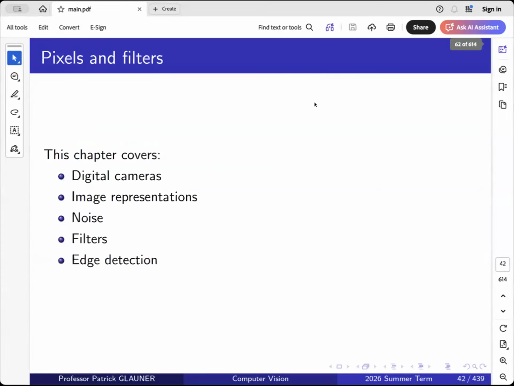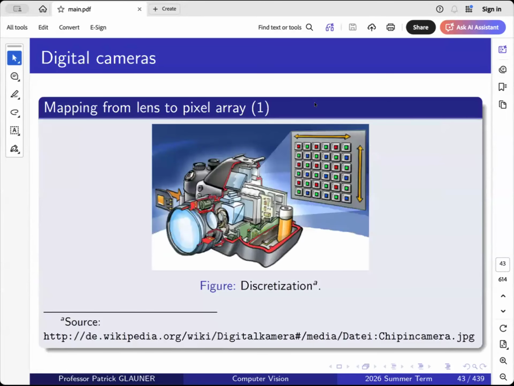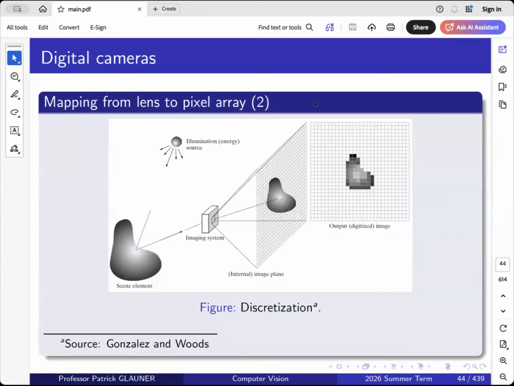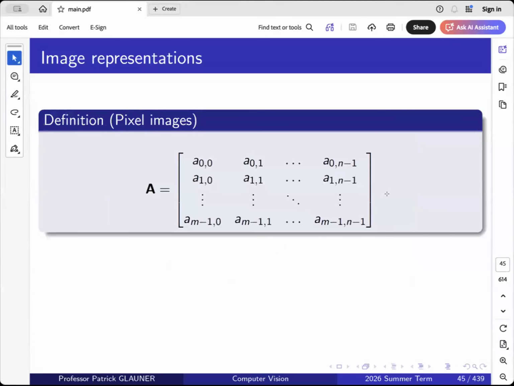We then discussed briefly how digital cameras discretize the real world, and in multiple ways, like what we can see here, both along the shape as well as along the intensity, we have a discretization.